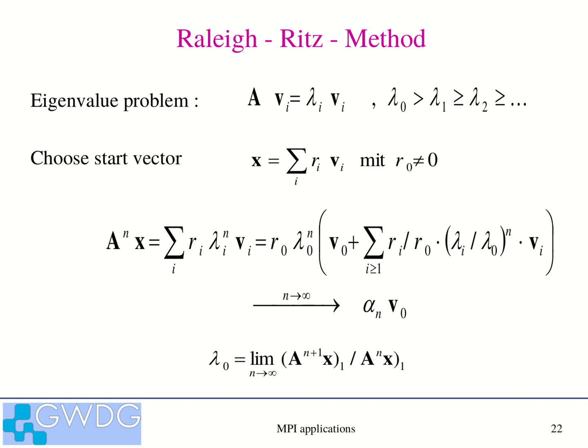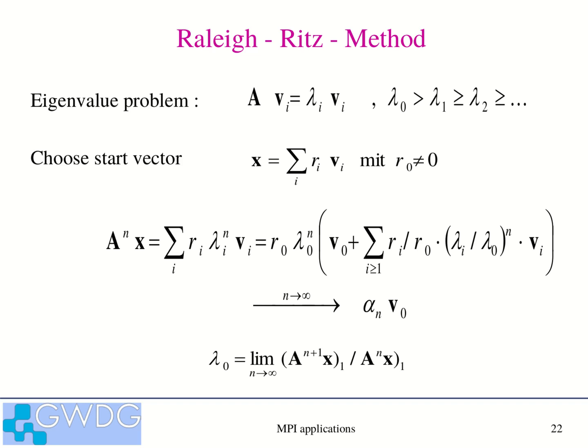And if you do this and divide the power n plus 1 of the matrix times x by the power n, you just take the first element, and this will give, in the limit n to infinity, the largest eigenvalue.